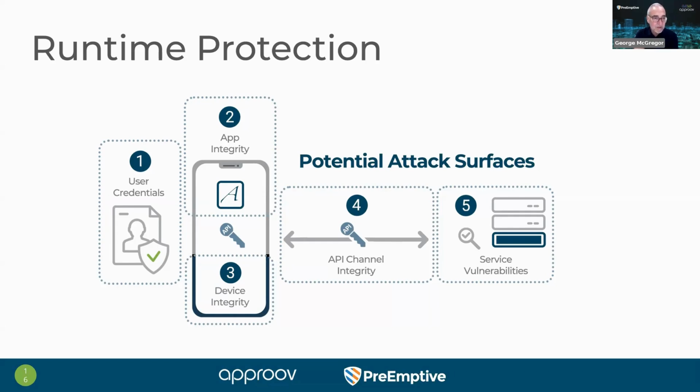So the first thing is user credentials. Obviously, there are lots of best practices around this. You can use frameworks like OAuth 2, etc. You can use two-factor authentication, but there's still opportunities. People's credentials, email addresses and passwords are available on the dark web.